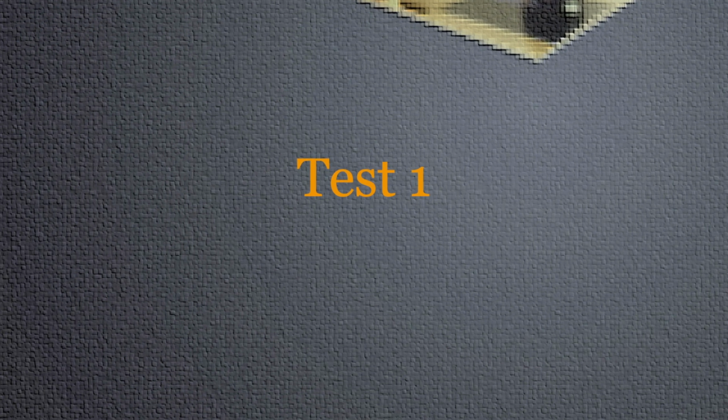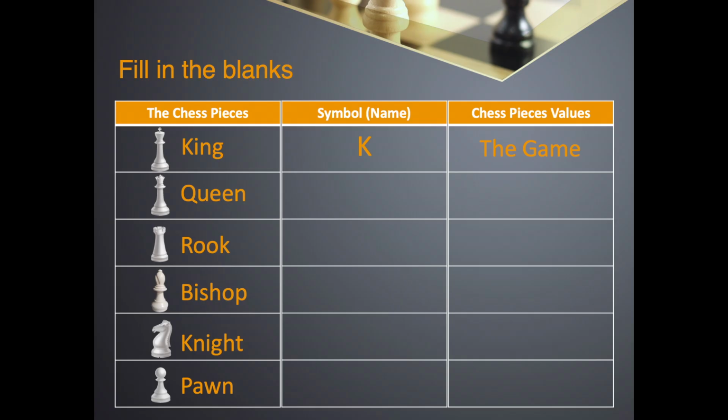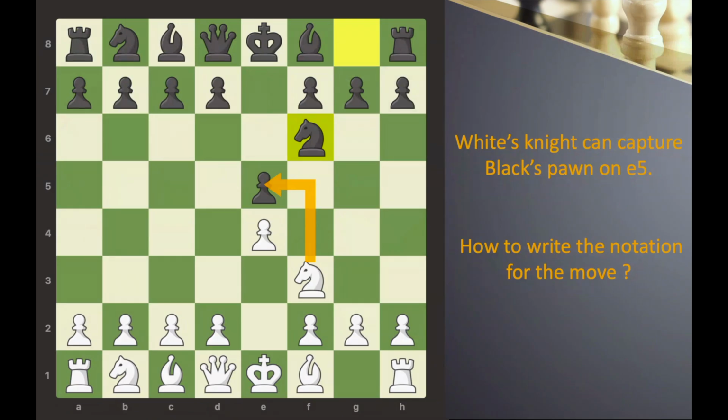I have an assignment for you. Please fill in the blanks in the table for the symbols and the chess pieces values. For example, K is the symbol used for king. We don't assign any particular value to the king because king is the game. But you can update the values for all other pieces. In this example, the knight can capture the black's pawn on e5.